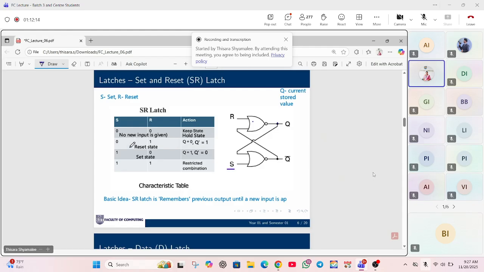What are the values of S and R when it comes to the reset state? What are the values of S and R when it comes to the set state? Then what are the outputs when it comes to the set state, and likewise the reset state?